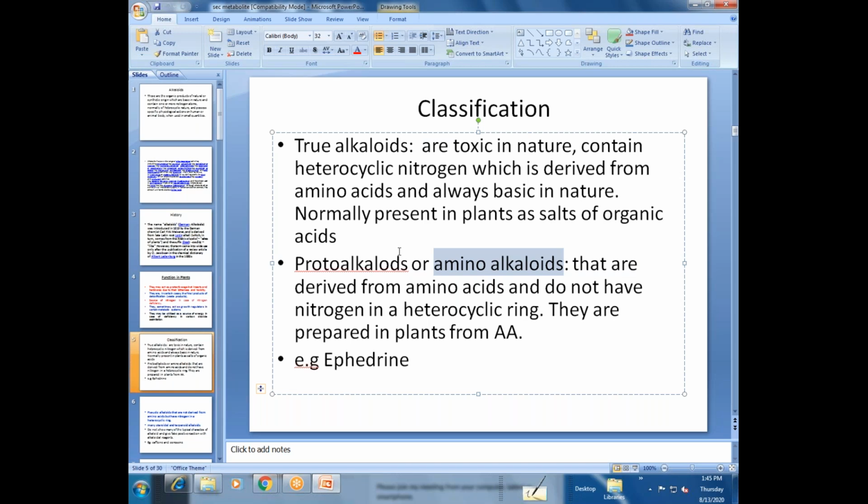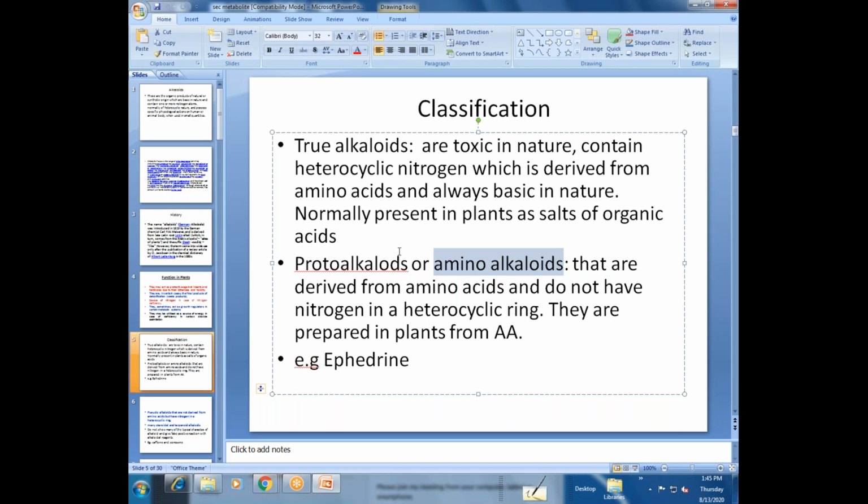Here, true alkaloids are basic in nature because they contain nitrogen in the heterocyclic ring structure. Then what else are the properties? They're toxic. They contain a heterocyclic ring.